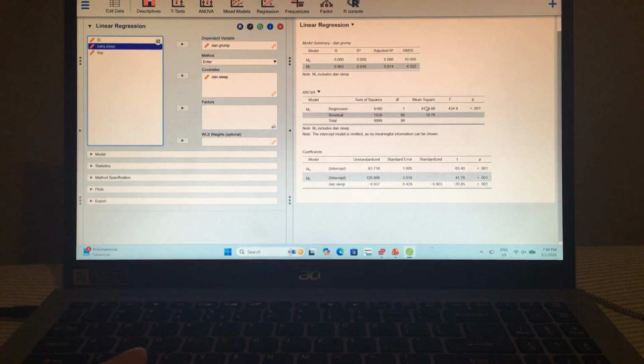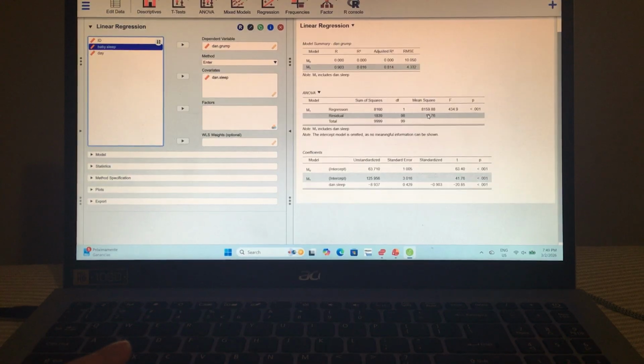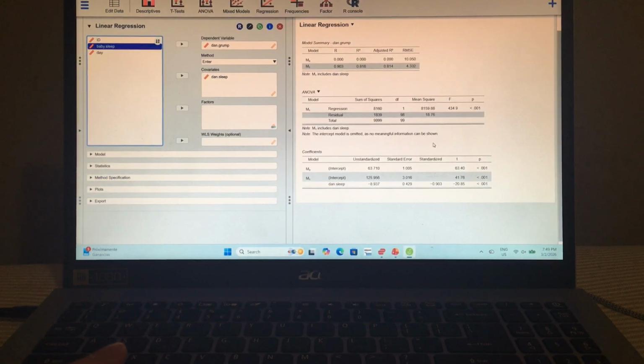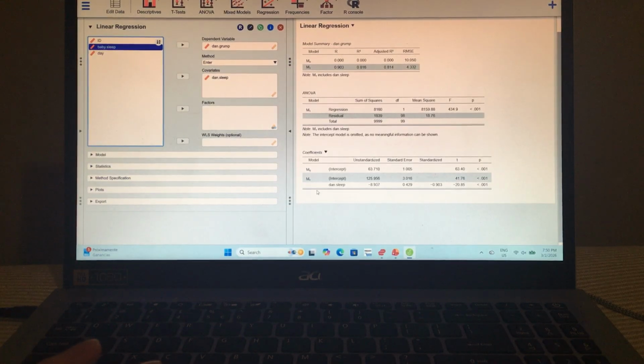The mean square 8159.88, 18.76. We're getting this F here that we haven't talked about yet as 434.9, and it looks like it's statistically significant. Underneath that, we have coefficients here.